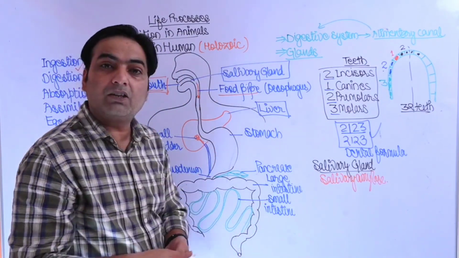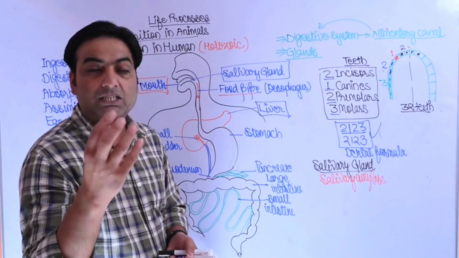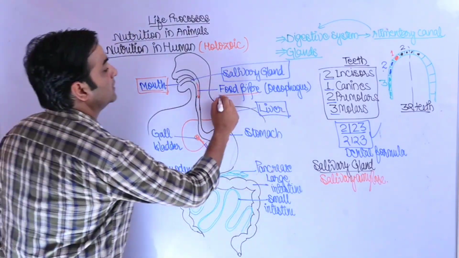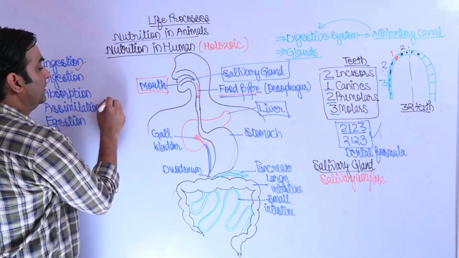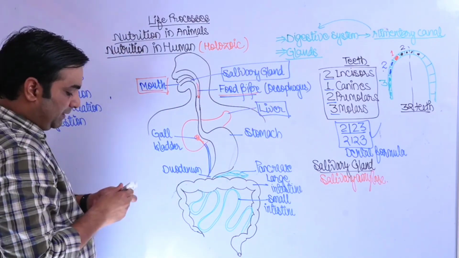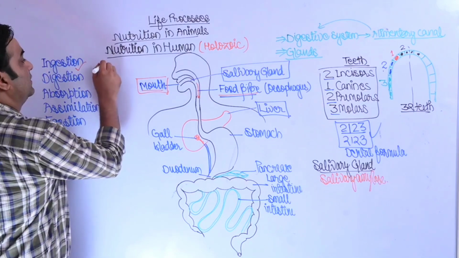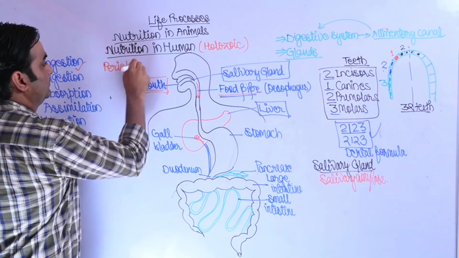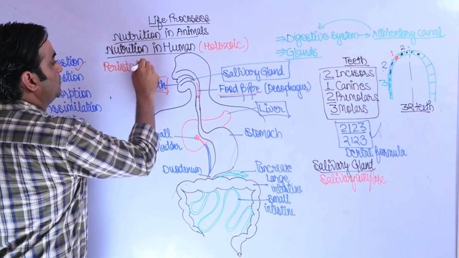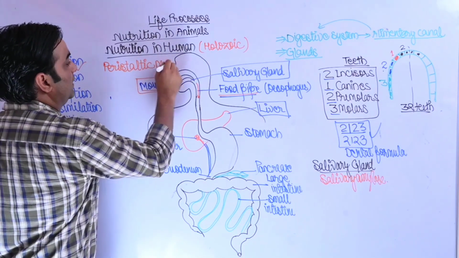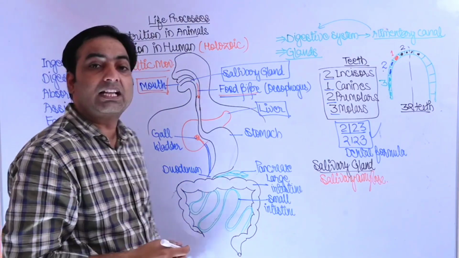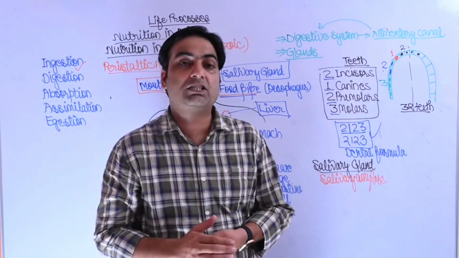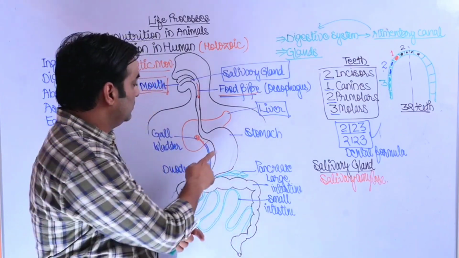This is a board examination question, and this movement is called peristaltic movement. Very important point: this peristaltic movement, also called peristalsis, is the movement by which food is able to move from mouth to stomach.